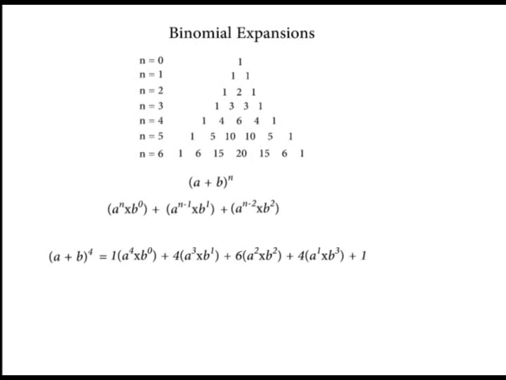A raised to the power of 0 times b raised to the power of 4. Finish that and we shall have b raised to the power 0 is 1. 1 times a raised to the power of 4 times 1 is a raised to the power of 4. Plus 4 times a raised to the power of 3 times b. Plus 6a squared b squared. Plus 4a b cubed plus b raised to the power of 4.